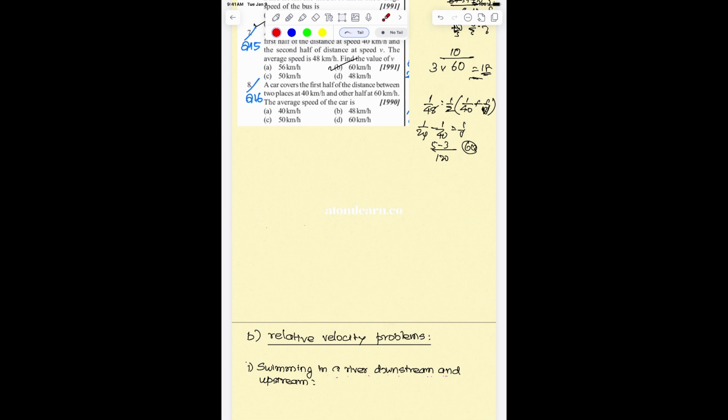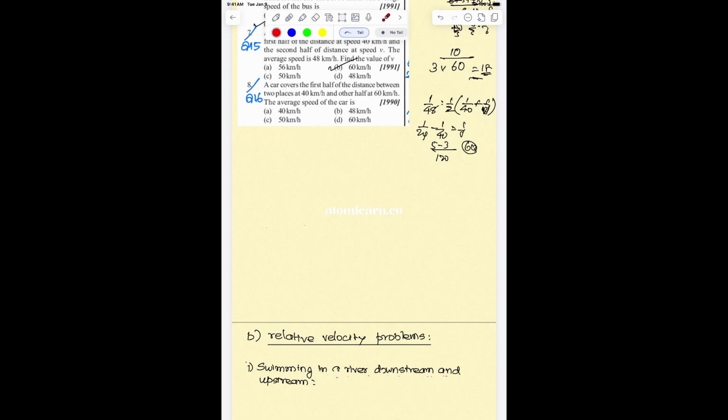But all the questions we came across in the actual NEET are only equal distance breakup, because equal time breakup is a very simple question, therefore they don't ask it. Even equal distance breakup is very simple, but they keep asking such questions. Even in the recent JEE Main you would find such very simple questions, equal distance breakup, asking for average velocity. Therefore, you shouldn't find any difficulty in quickly answering such questions.